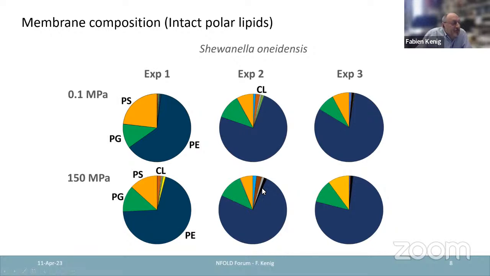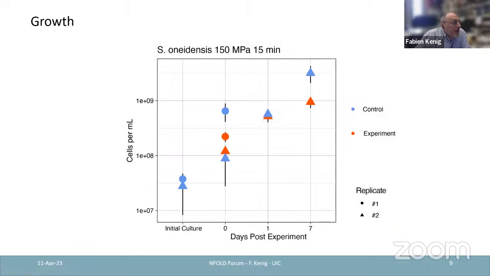There are little changes, but no architectural changes of the sort we have seen for the gram-positive bacteria, the cocci I just showed you before. So are they growing, those experiments?